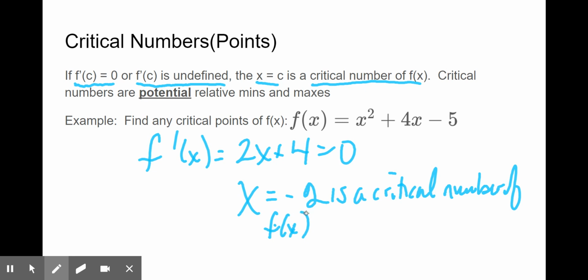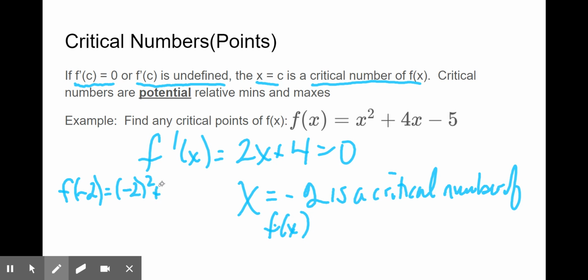That means at x equals negative 2, there's a potential relative min or relative max. Now, they also can ask you for a critical point. A critical point is obviously an x and a y paired together, an ordered pair. To find a critical point, you're going to take the x value, x equals negative 2, and put it back in the original f of x. Because remember, the one thing you should never lose sight of in this chapter is the goal is to graph f of x when we're all done with it.